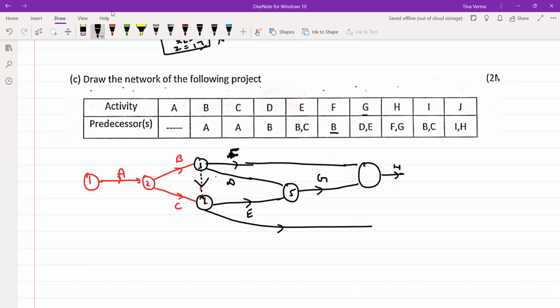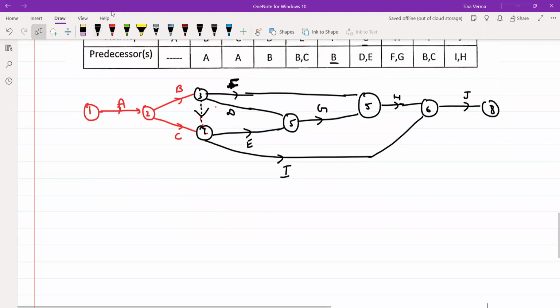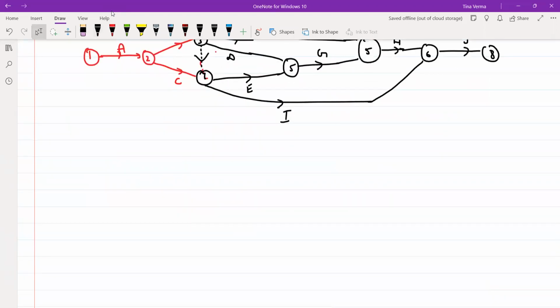So you can start your I activity from here. This is your I activity. To start the activity J, I require I and H together. So this is my J activity. So this completes your drawing of the network, so you have to see what is given to you.